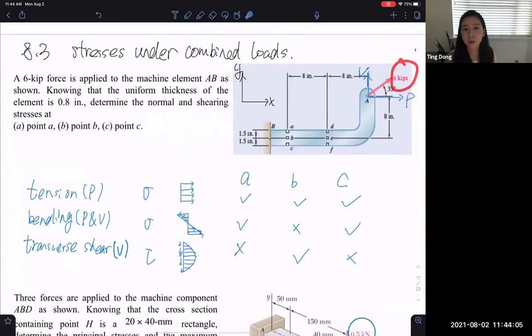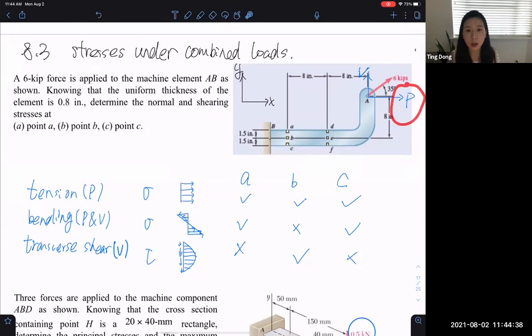For this force here, of course, it's easier if we resolve it into the X component and the Y component, right? So for the force P, we can consider this P times this one, it will generate a bending moment about the Z-axis, which is the axis into the plane or out of plane direction.